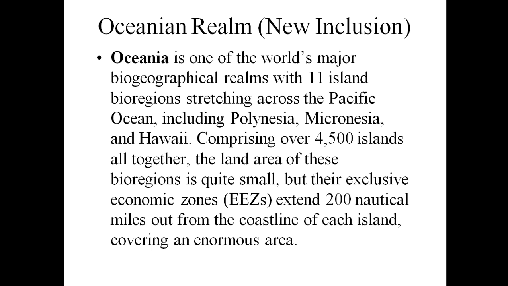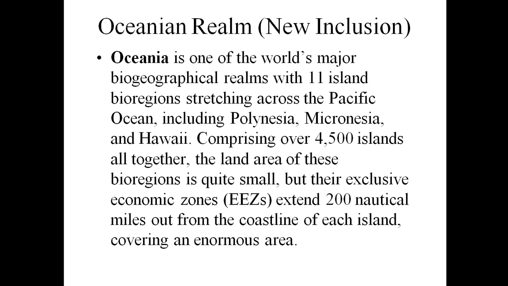Here it needs some explanation, I think. Each independent country has some sovereign right over the ocean surrounding it. How much? Up to 200 nautical miles from the coastline.